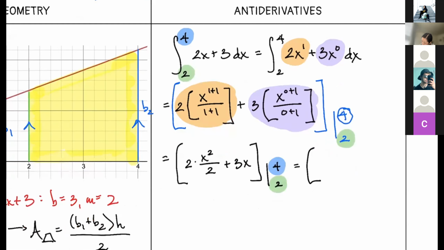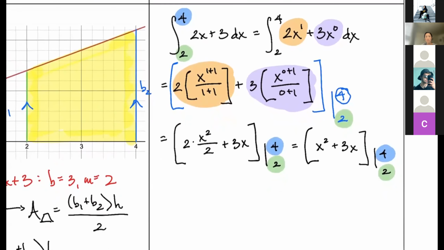I think I can clean this up to be x squared plus 3x, and then 4 and 2. All right. So if the first part was scary for you, like that second line, maybe as soon as we cleaned up some of those numbers, hopefully that helped take that anxiety down a little bit, okay? So now let's plug in the top number, let's plug in the bottom number, and we are going to subtract them, okay?